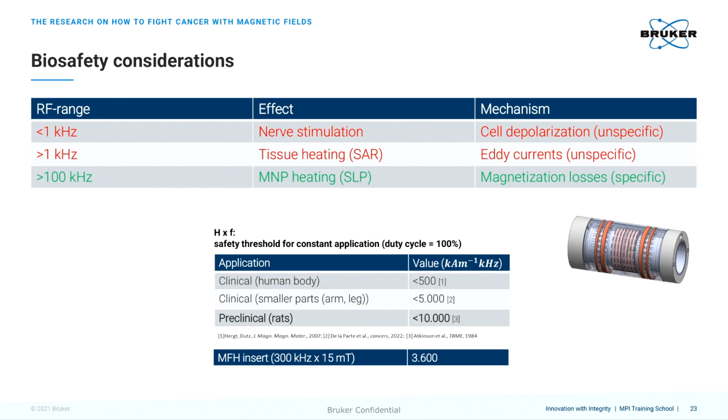If we crank up the frequency, you can provoke tissue heating, but non-specifically. So by just inducing eddy currents in the tissue, then you will heat up the tissue entirely. And by increasing the frequency further, we are able to heat up the particles itself.